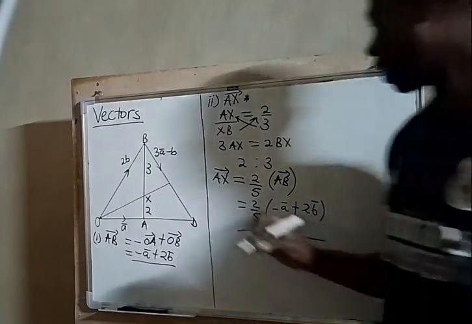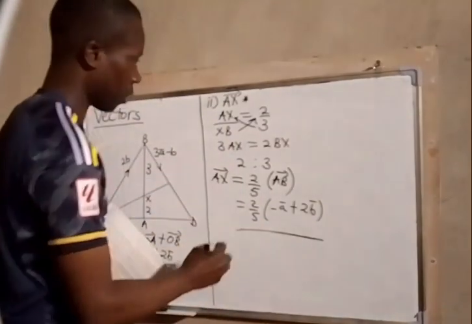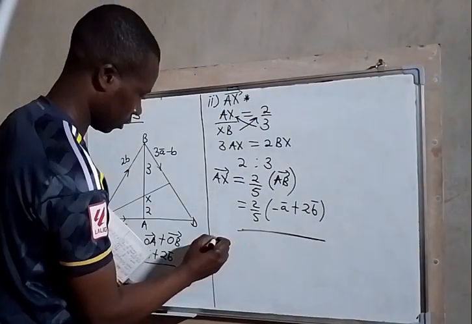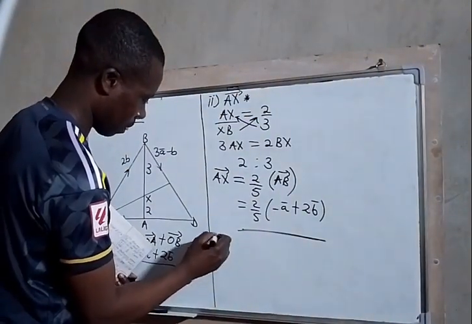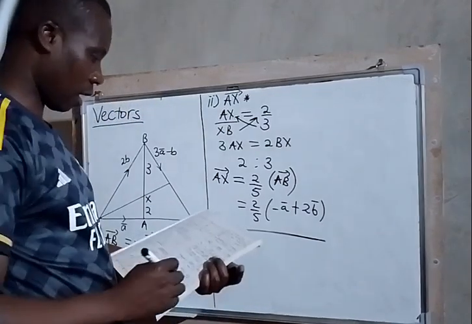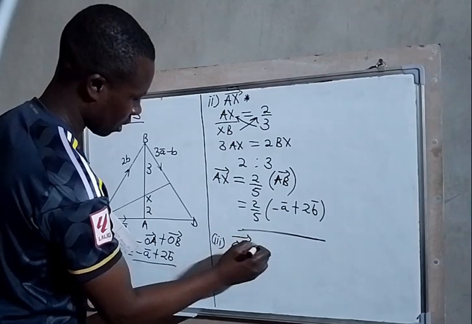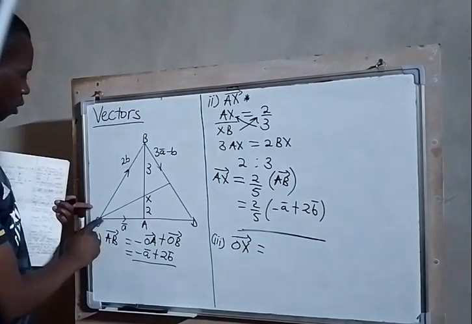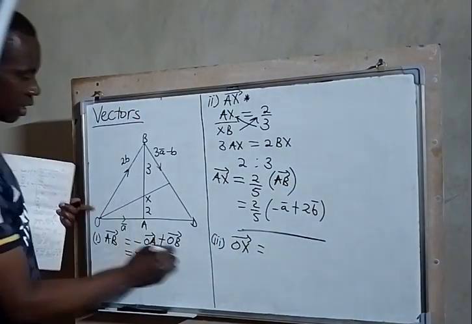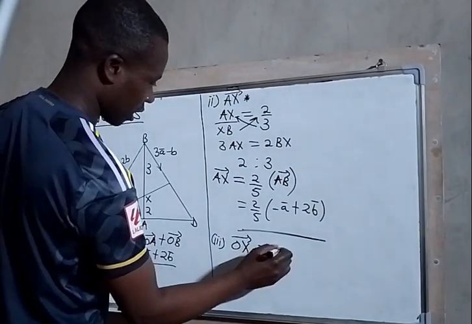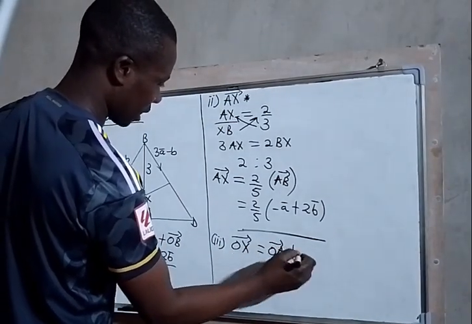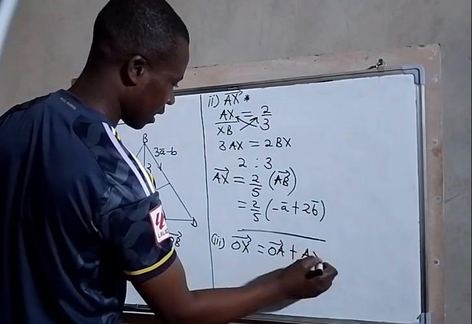So for item 3, we want vector OX. So vector OX, the route is vector OA plus vector AX.